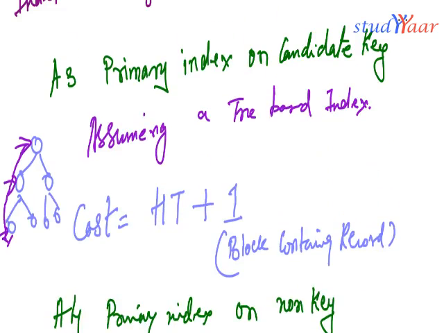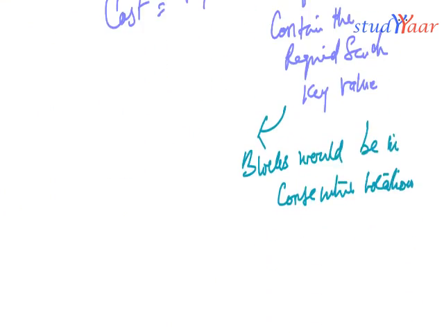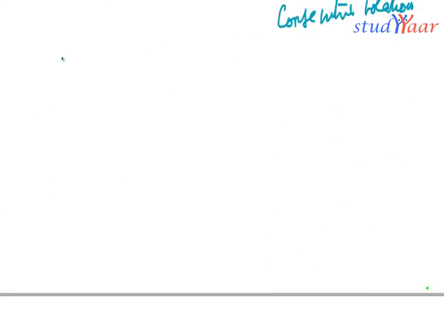Now the next algorithm is A5. What is A5? A5 is secondary index.